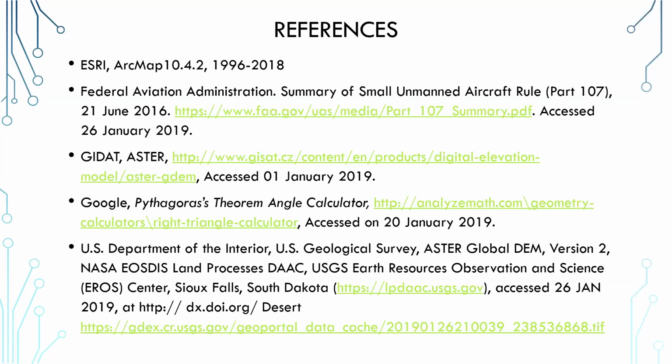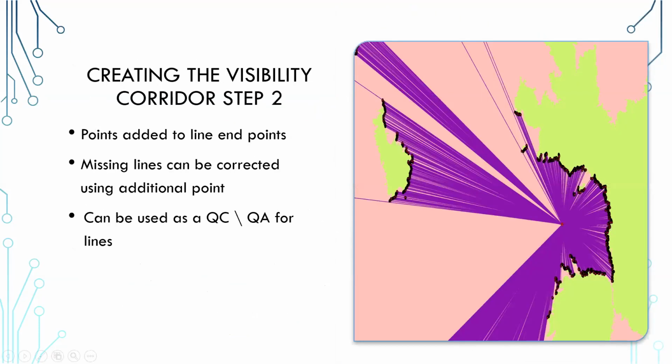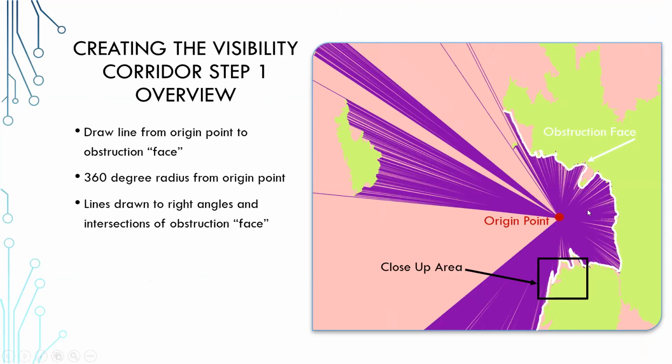So when you start doing your manual creation by drawing the lines to the right angles or to the extent of the range, what you'll find out is you'll be coming up against that elevation or that face, the obstruction face, and you'll find that once you create this visibility corridor, it's going to basically be the profile of an obstruction face, and that will give you your parameters.